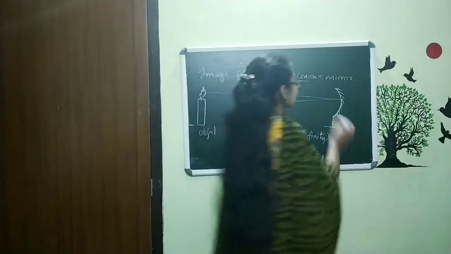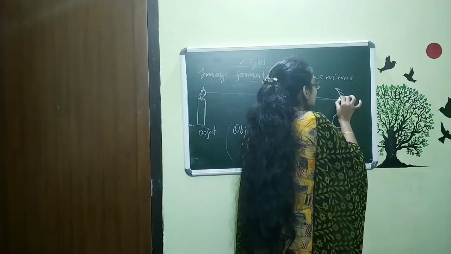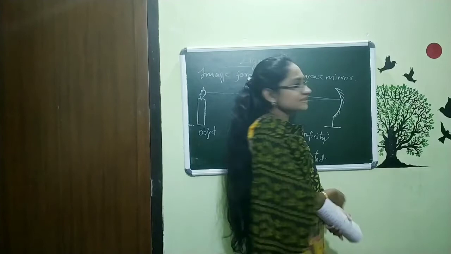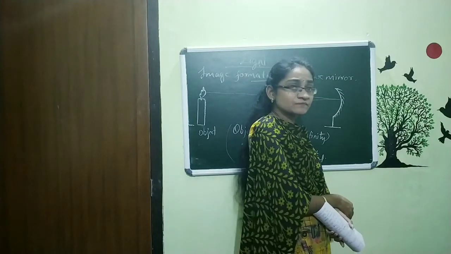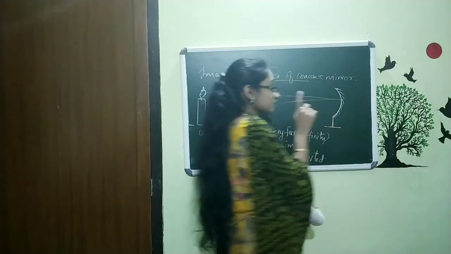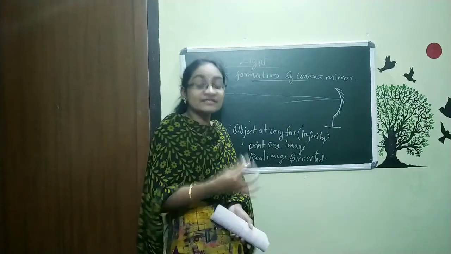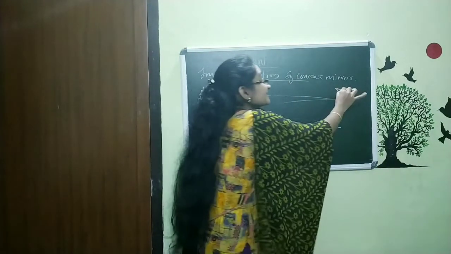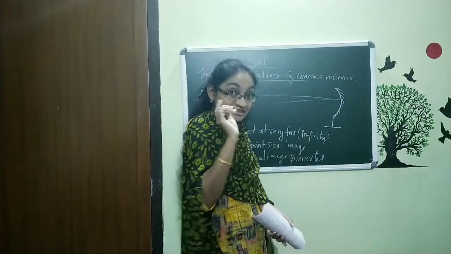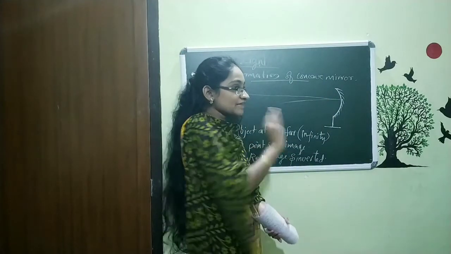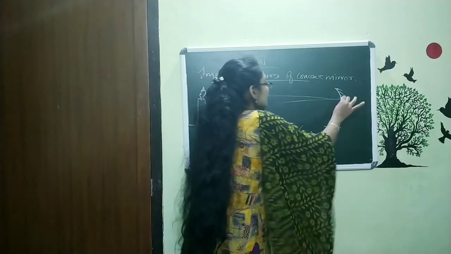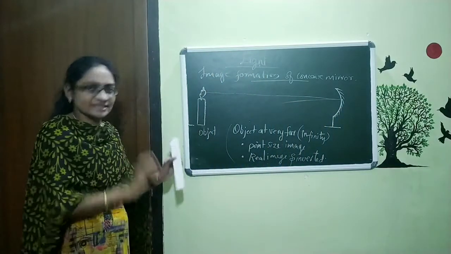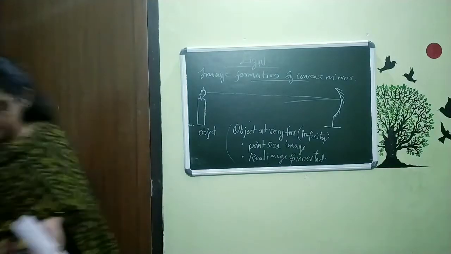And one thing is, the light is not possible to pass through this. What is this material? Is it transparent? No, it is not transparent. If we used transparent material, the light would travel through it. So this is a mirror, an opaque substance. No light will pass through it. That's because the reflection occurs, and that's how we can focus this image on a screen. That is the first point.